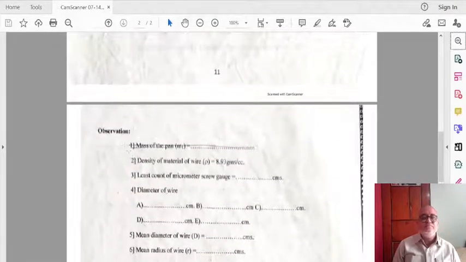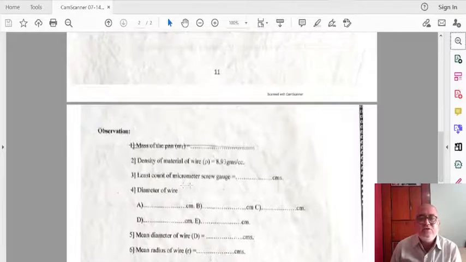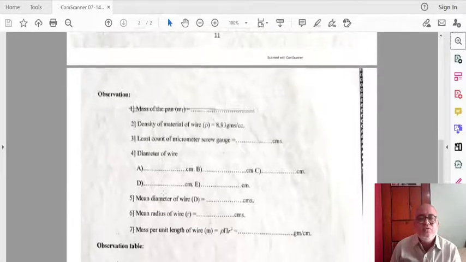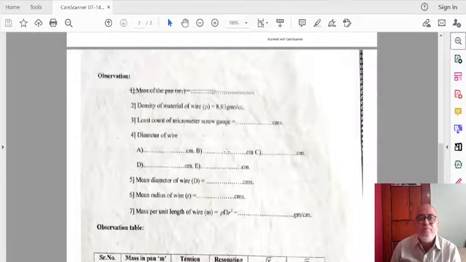Here the observations are given. Density of the material of the wire rho is given as 8.93 grams per cubic centimetre. Least count of micrometer screw gauge, we have to calculate it. Then by using the screw gauge, we have to calculate the diameter of the wire.